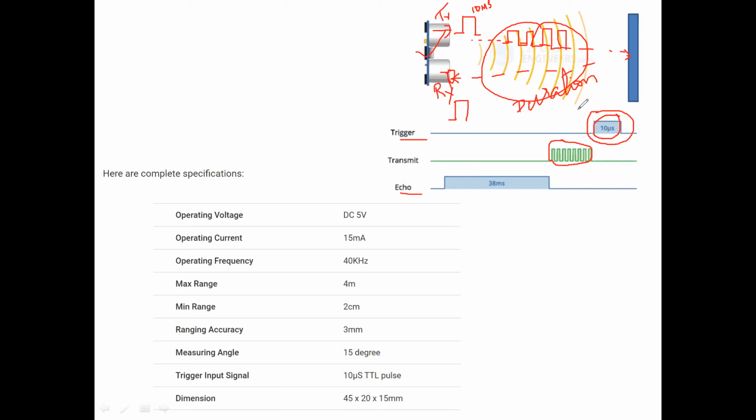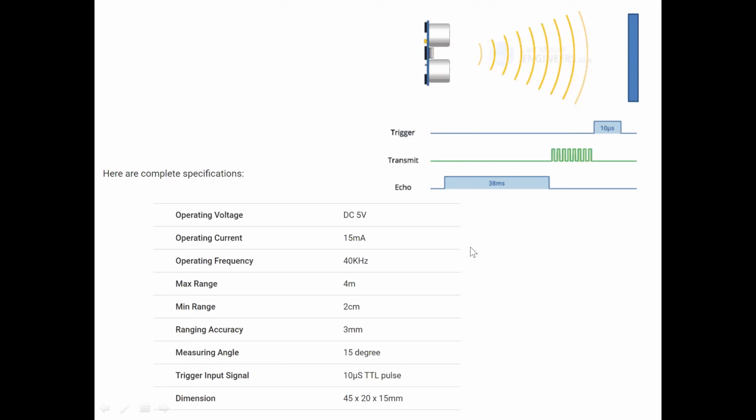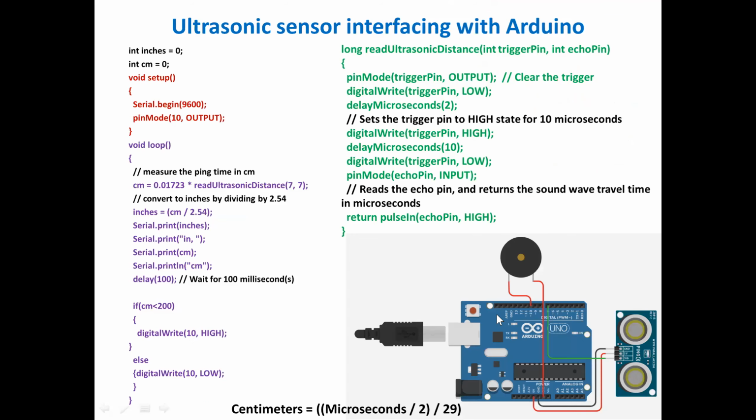Let us see what the formula is. To measure in centimeters, the formula is: the time taken to transmit and receive, divided by 2, gives the distance between the sensor and the object.